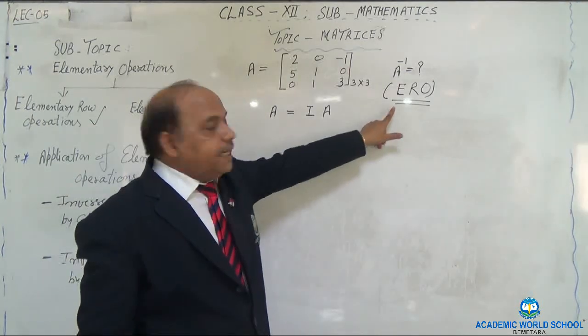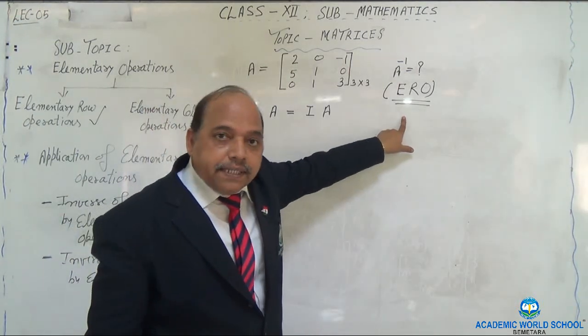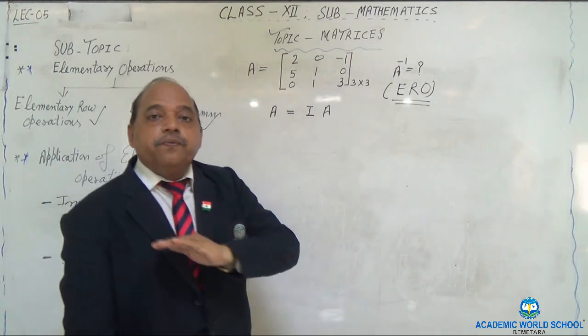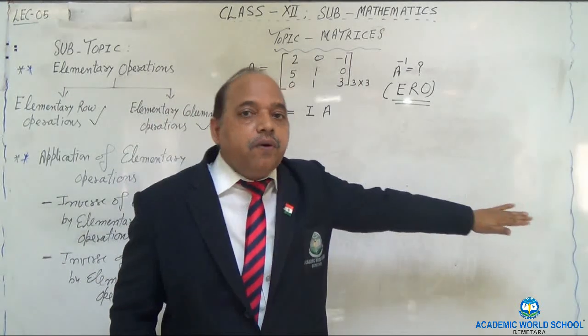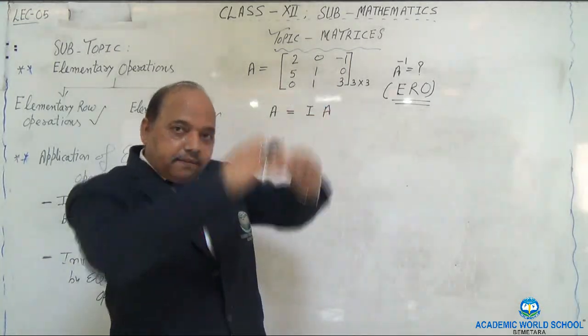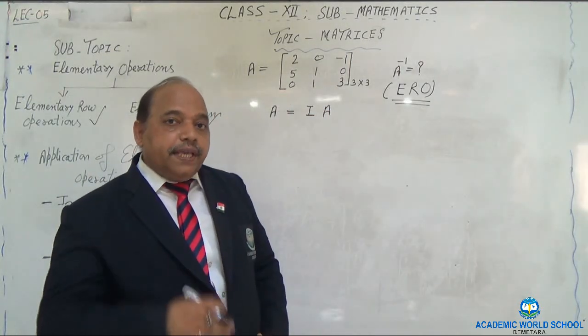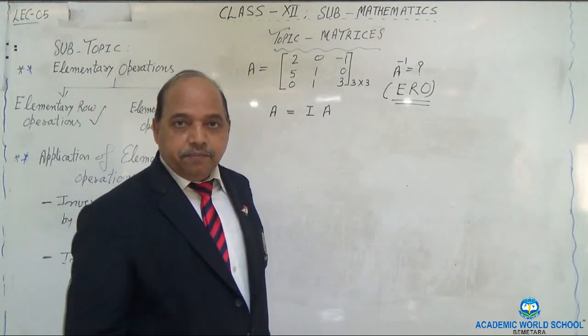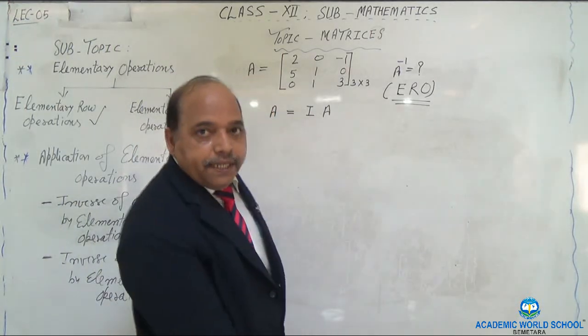Second thing, as it says elementary row operations, now you should forget completely about elementary column transformation, because at no point of time can we apply column transformation. Remember that part. So let's begin this one.